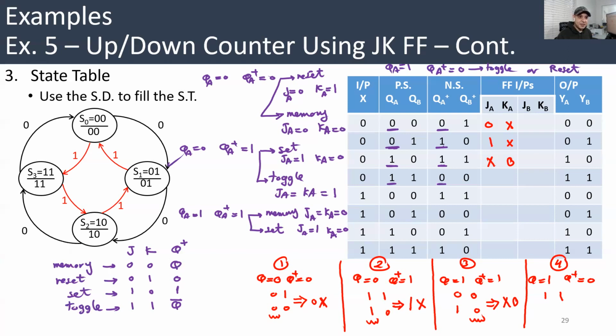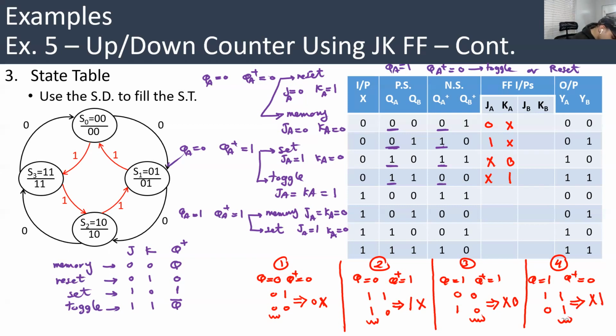Or reset. Reset means J is 0, K is 1. And look, K is constant, J changing. So whatever J is, whenever K is 1, that will give you 1, 0. If Q is 1, this will give you 0. So that's basically X1. From now on, we're just going to look at this. We don't need to analyze anymore. We're just going to look at the 4 rules and apply them and fill the table.